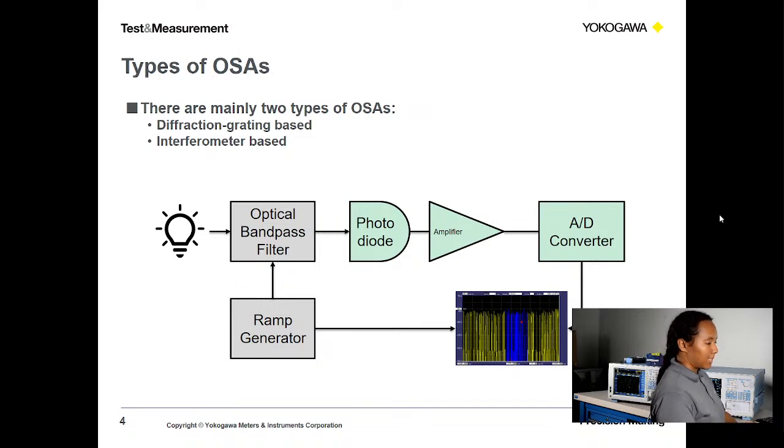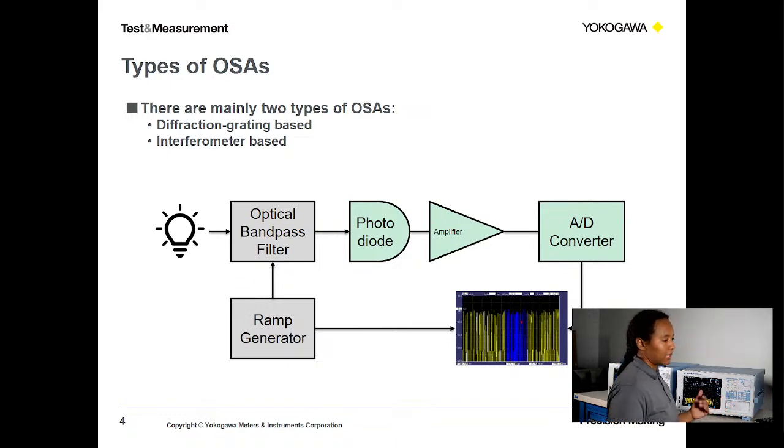So as I said before, there are grating-based optical spectrum analyzers and also interferometer-based ones. A diffraction grating based OSA essentially uses a motor to move a grating, and that is how it measures the wavelengths.